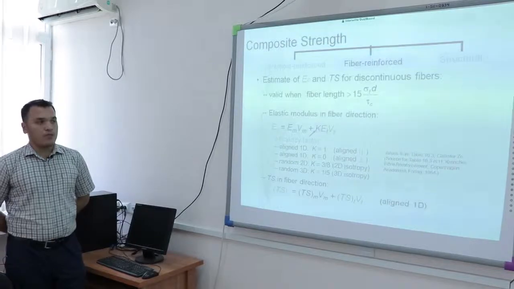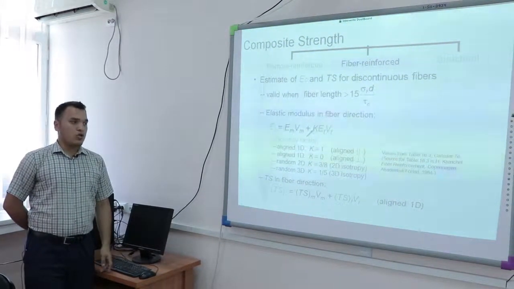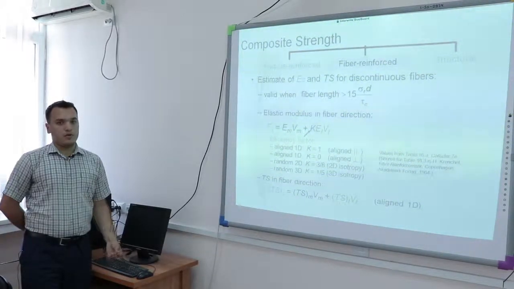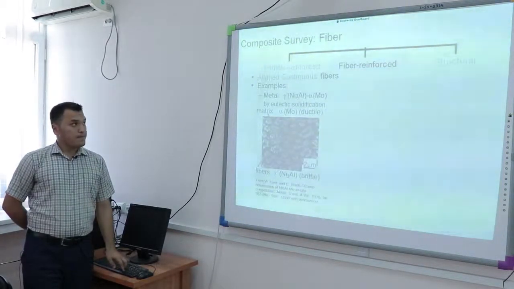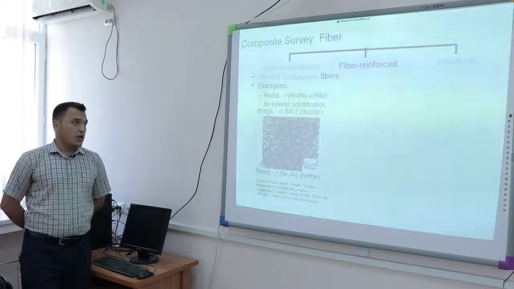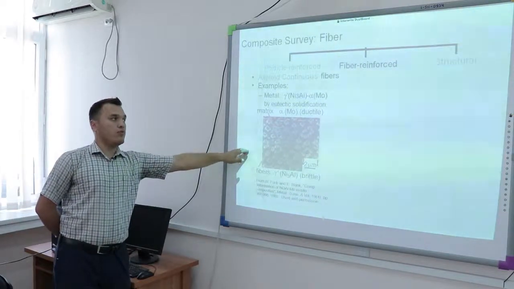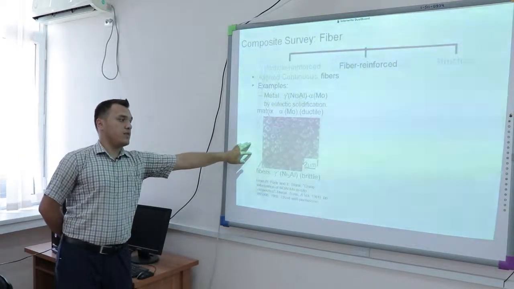We can add some characteristics to our composite materials, so it will not be so costly. And the ductility of molybdenum and nickel is in between all composite materials.